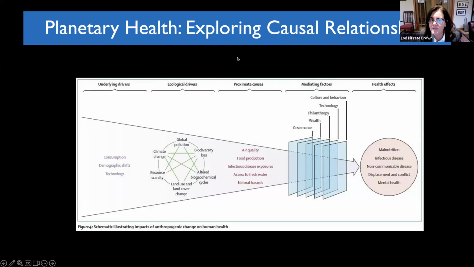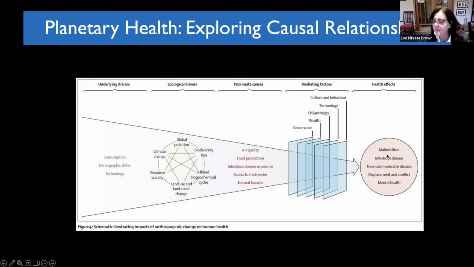Healthcare providers have to deal with what happens when those things aren't in place. And often there are matters of justice that keep those things from being in place. So when we start thinking systemically with the SDGs, we get to address underlying drivers, ecological drivers, and proximate causes. So things like the kind of care we provide and services and some of these mediating factors can be dealt with better.